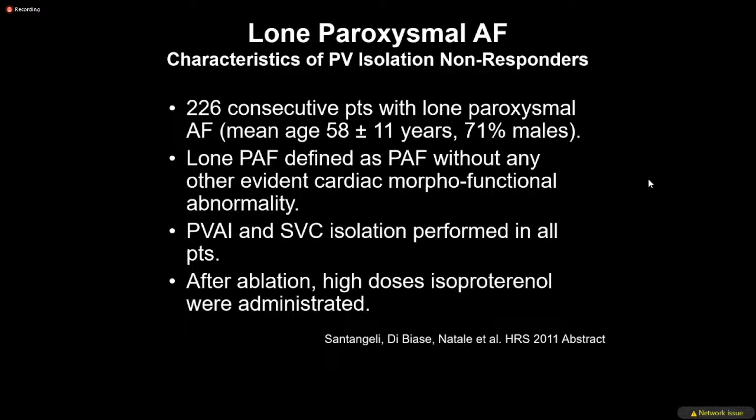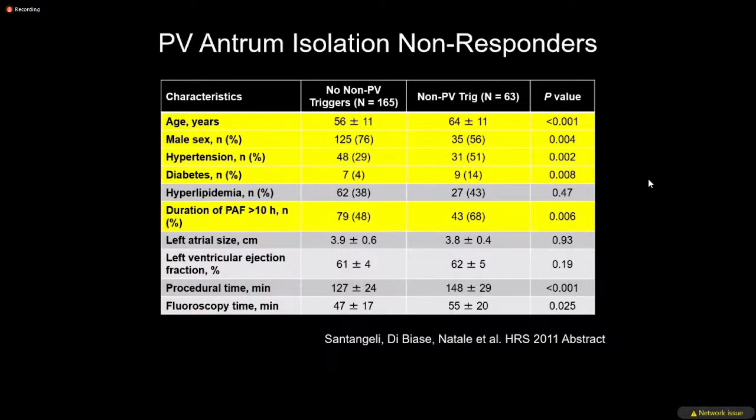So this is to show you, we looked at many years ago, this is an abstract that Dr. Santangeli published when he was a fellow with us. Luigi was there too. We looked at the so-called lone AF patients and looked at the predictors of successful procedure with just PVI, and we saw that the failure rate increases based on some comorbidities that we all expect: age, older people, female, more frequent hypertension, diabetes.